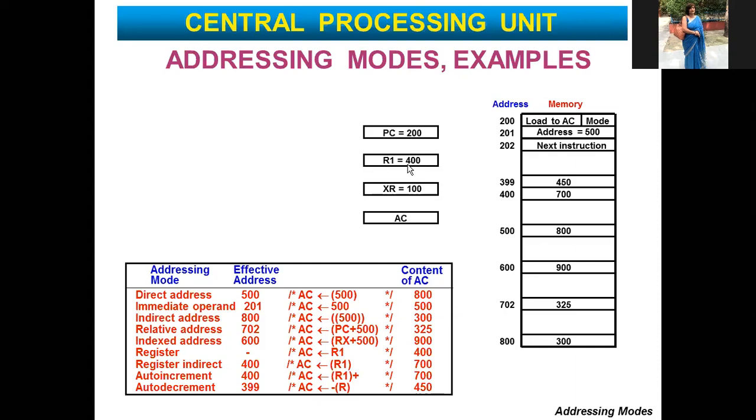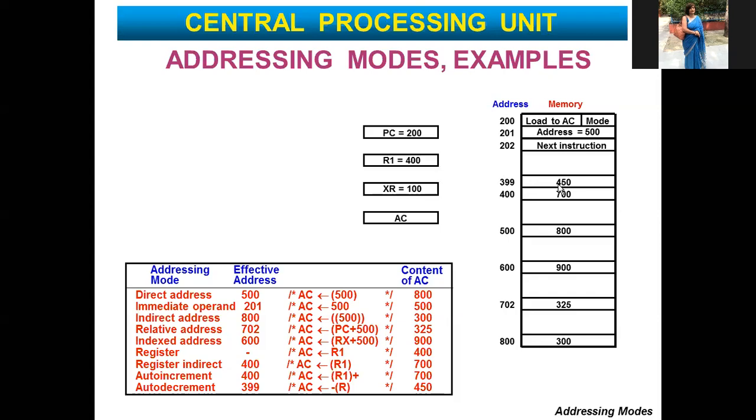Now in place of searching for the value at 400, we need to search for 399 under the address portion of the memory. 399 will become the final value of the effective address, and at 399 we find the value of the operand, that is 450.